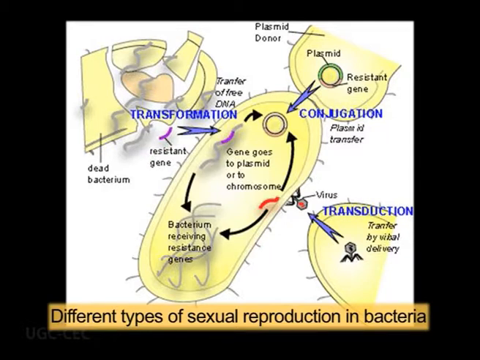And transformation is followed by transduction, where there will be a bacteriophage involved. The phage particle invades the bacterial cell and puts its DNA inside, and when the phage particles come out after lysis of the host cell, they will contain some bacterial DNA and that will perpetuate. Now coming to the first process, which is conjugation.